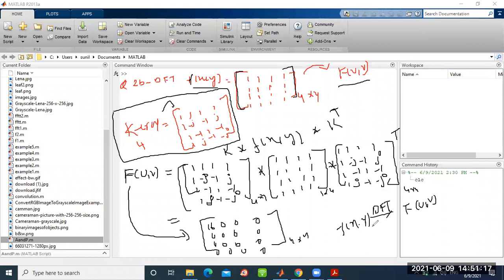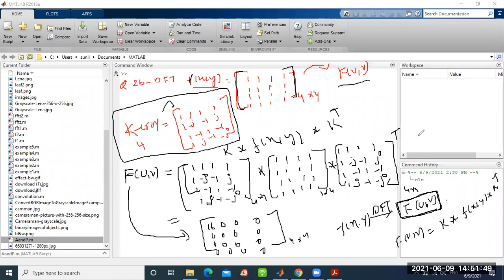Fine, you can either use the mathematical formula or derive this f of uv with the help of the base function, because all the signals or images that are formed are basically generated from a base signal. ठीक है, और base function बोलते हैं या kernel बोलते हैं. Okay, so what is the formula for generation? This one for f of uv can be given as, okay, this is your kernel or base function into your actual image, and transpose of the kernel.